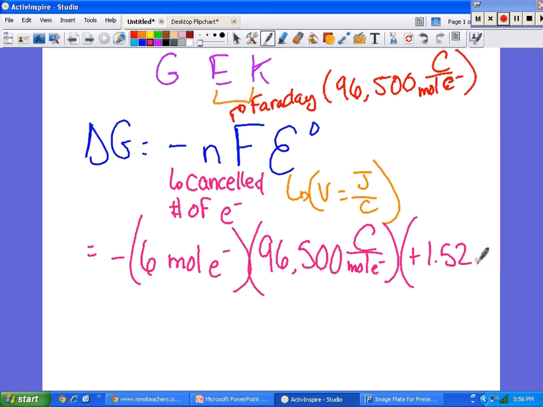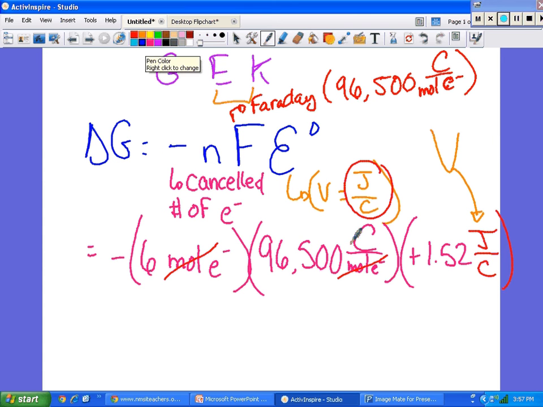Now, here's the deal. You can put volts in right there, but if you put volts in, it won't cancel. The moles of electrons are going to cancel, but if you put in joules per coulomb, those coulombs are going to cancel, leaving you what value? Joules. And what is delta G always given in?